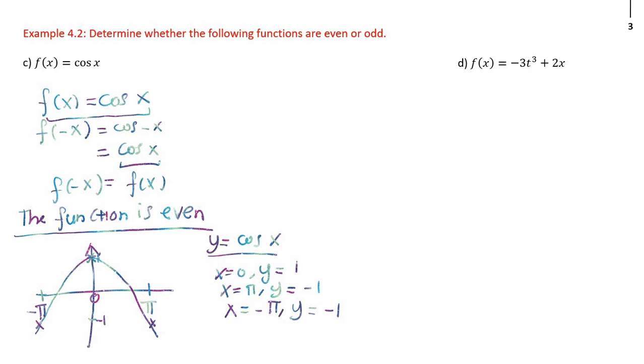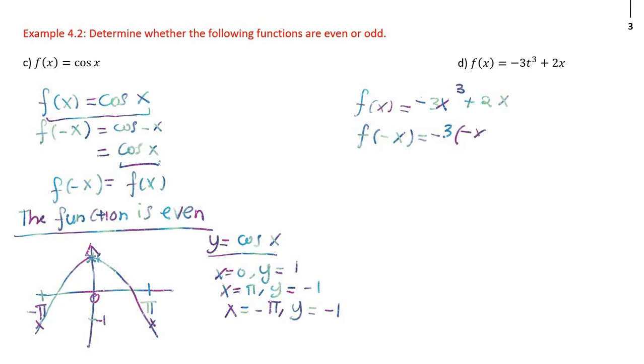show whether the function is even or odd. We are given f(x) equals negative 3x to the power of 3 plus 2x. Sorry, my mistake, I should use x, not t.